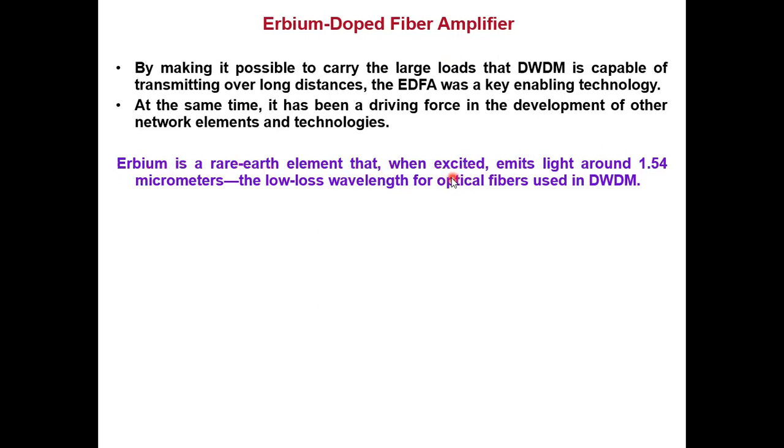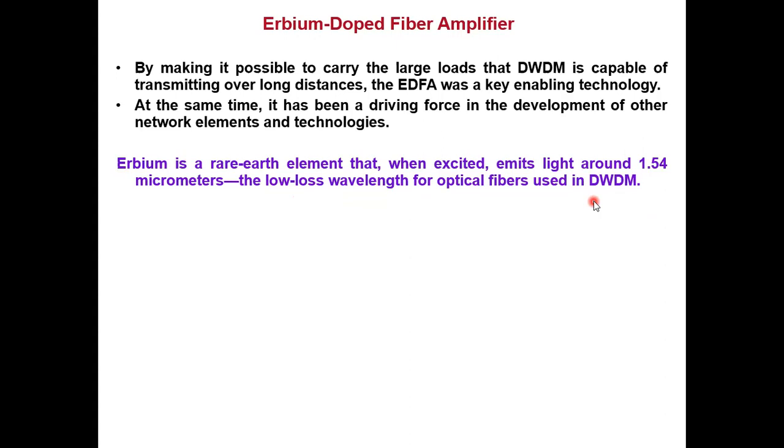So when excited, what happens? This erbium metal emits light around 1.54 micrometer. And you know 1.54 is around 1550 nanometer, and at that particular wavelength we have the lowest loss. And that we are using in DWDM.